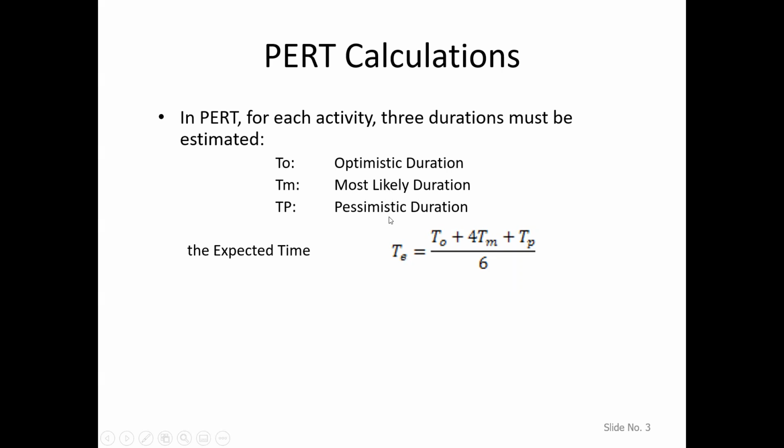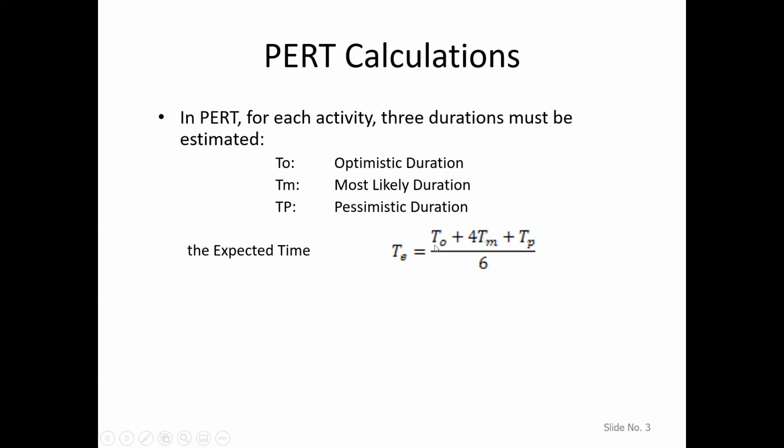And in the pessimistic duration, I will consider that things are not going well with the project. It may happen that as something will not go well, the activity will be delayed and finished in a much longer time frame. So it will be the pessimistic duration.